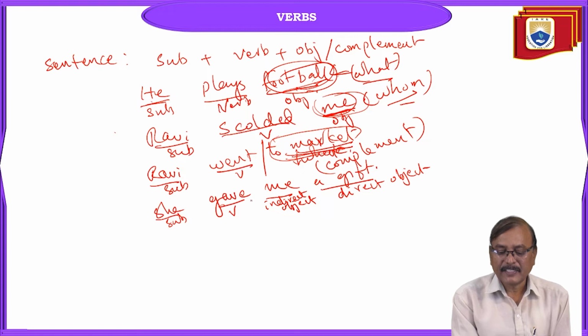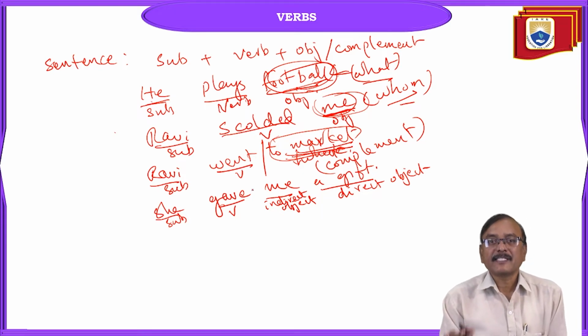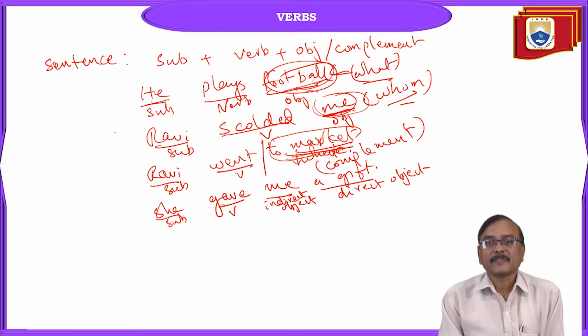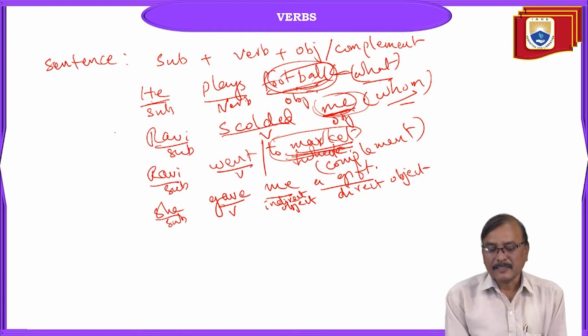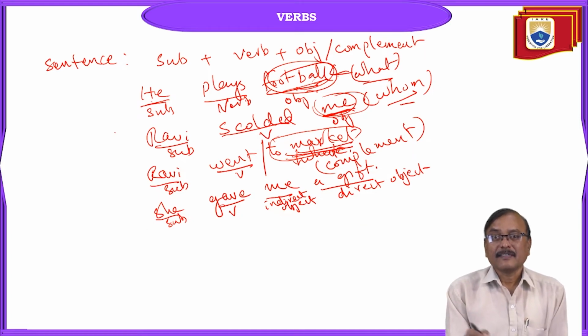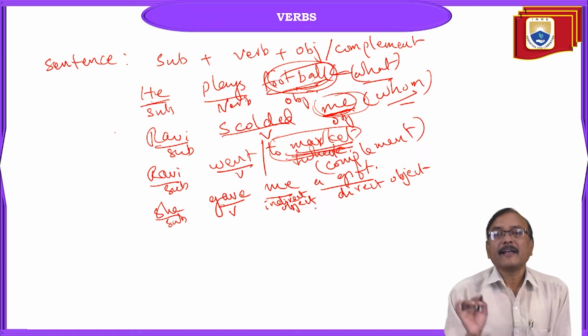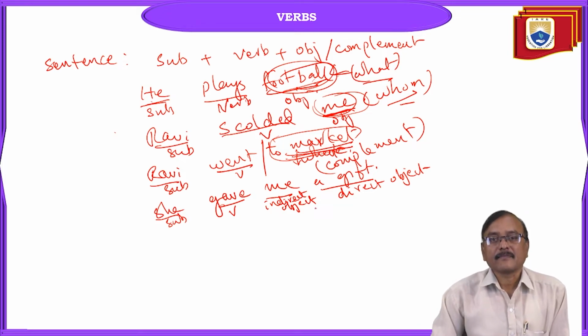First, immediately after the verb, you raise a question: she gave what? The answer is the direct object. Then you raise another question: she gave a gift to whom? The answer to the second question is the indirect object.